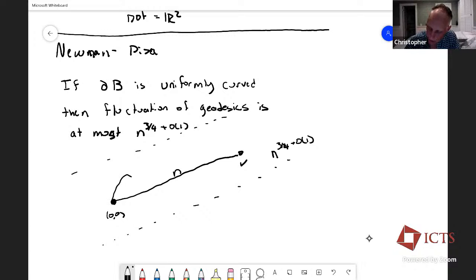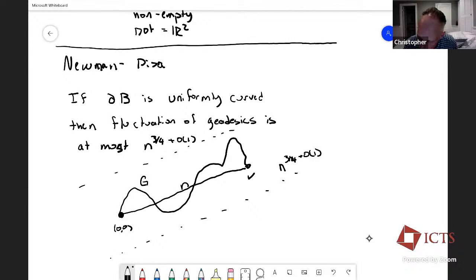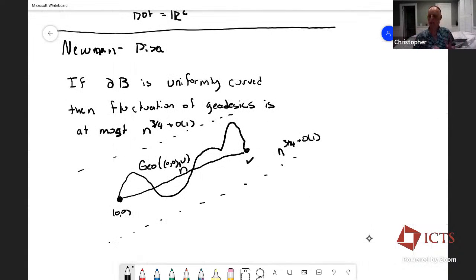And if I look at the geodesic here, it will stay in the cylinder. So that's what I mean by the fluctuations are at most n to the 3/4 plus little o of 1. So this is the geodesic from (0,0) to (0,n). And with high probability, it stays inside of this cylinder.